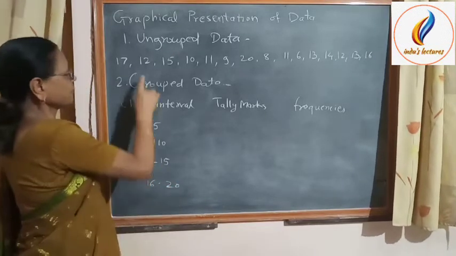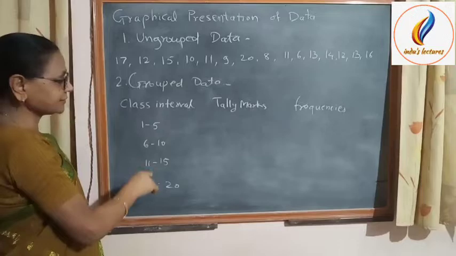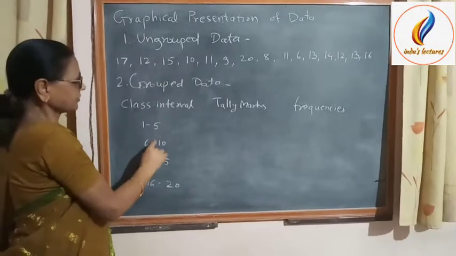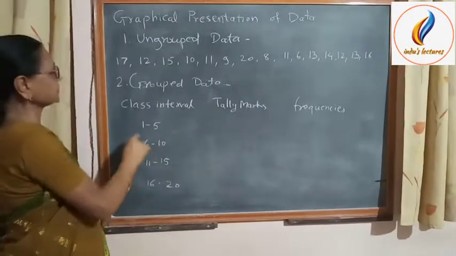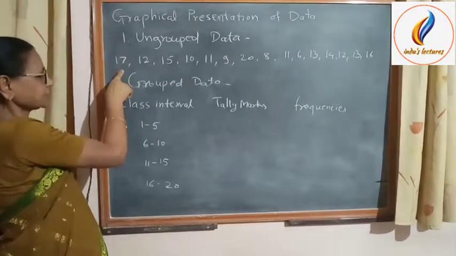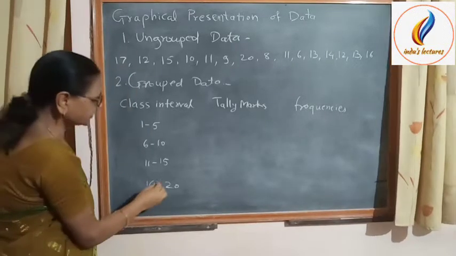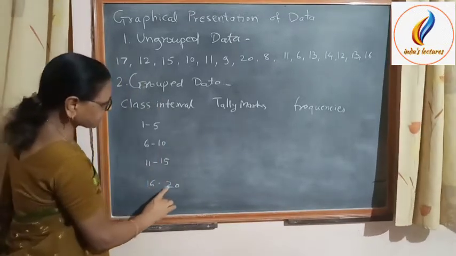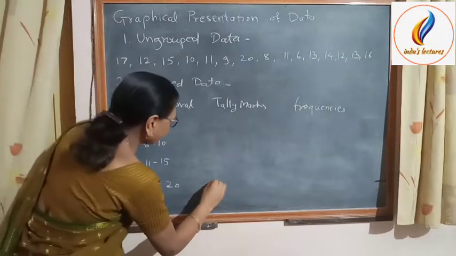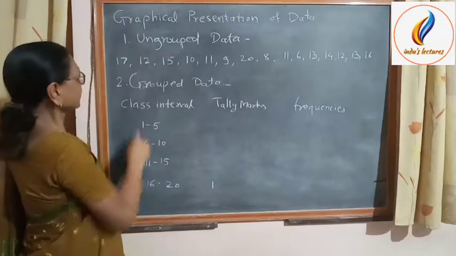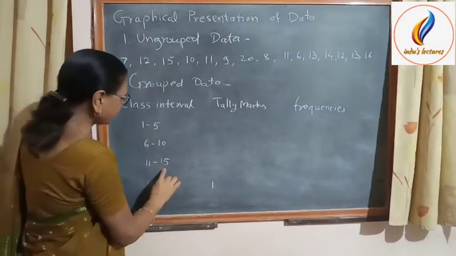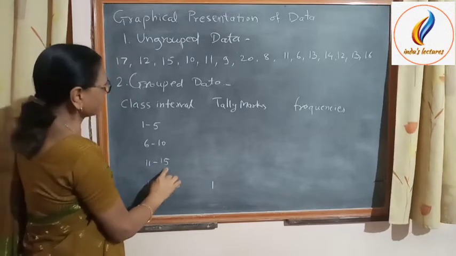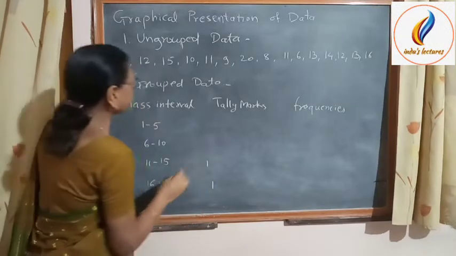Now, we arrange these scores in such intervals. The first score is 17. The score 17 comes in the class interval 16 to 20, so take one tally mark. Then 12. 12 is included in class interval 11 to 15, so make one tally mark.